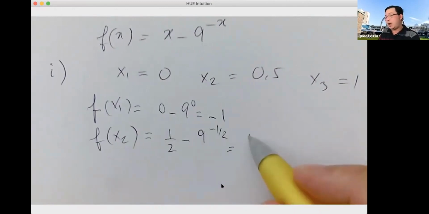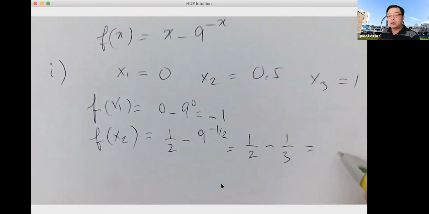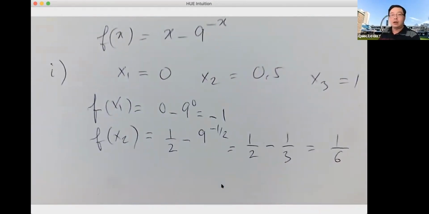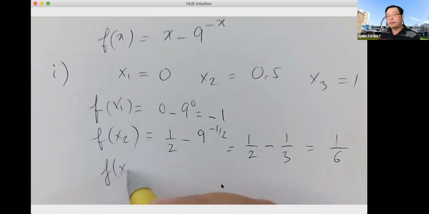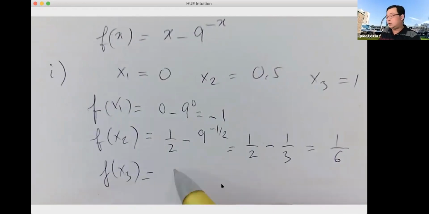So just 1/2 minus 1/3, just 1/6, yeah. Then f of x3 is just 1 minus 9 to the minus 1. So 1 minus 1/9, so it's just 8/9.